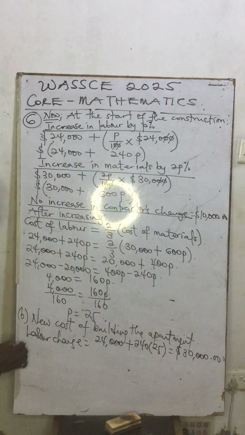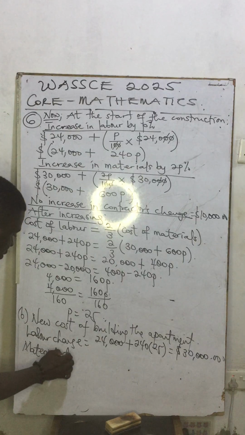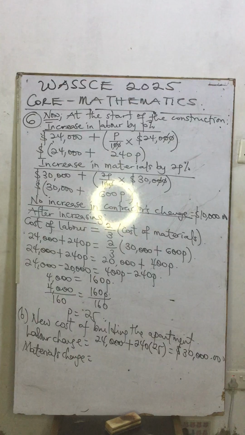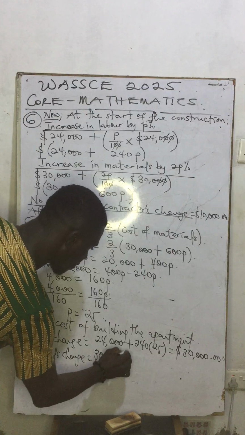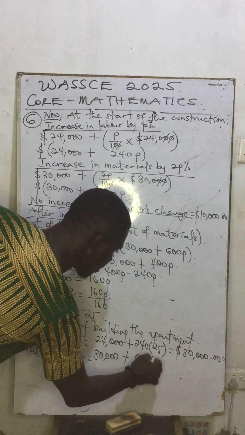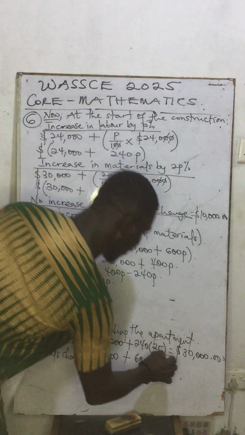Now let's see the materials charge. Materials charge is 30,000 plus 600p, with p being 25. When we work that out, we get $45,000.